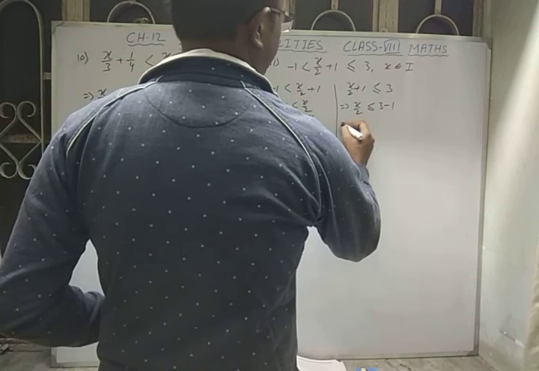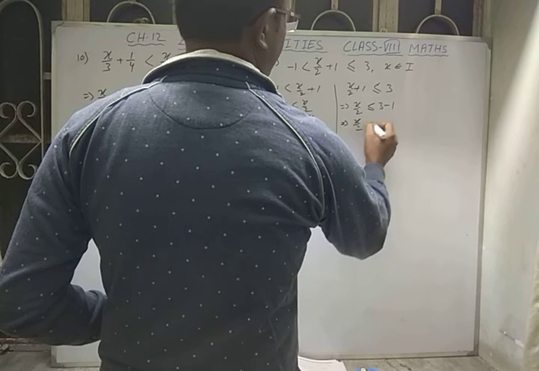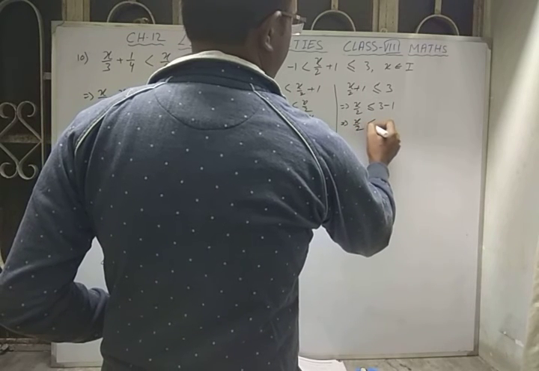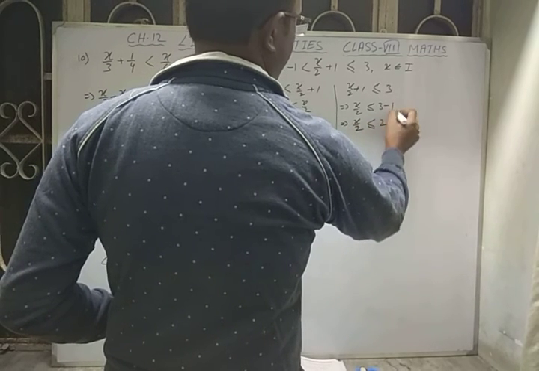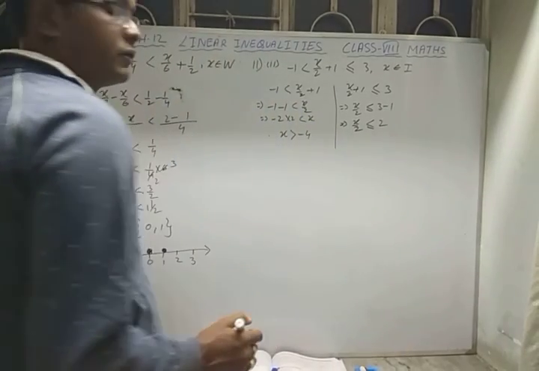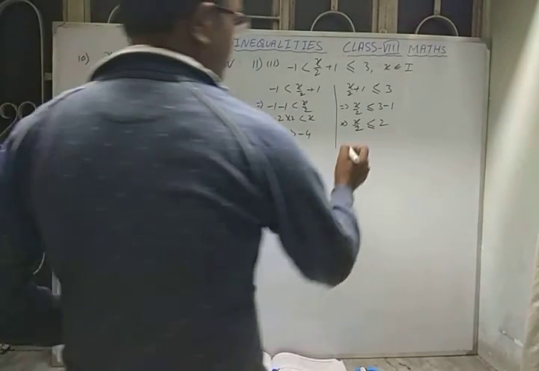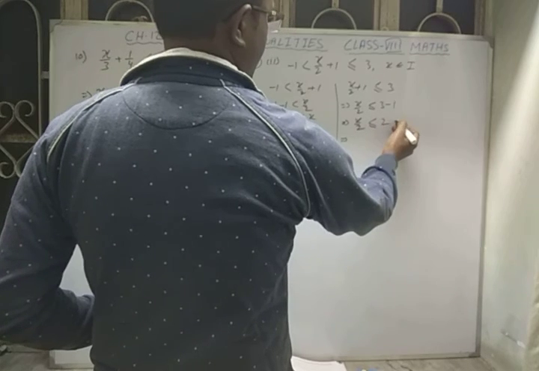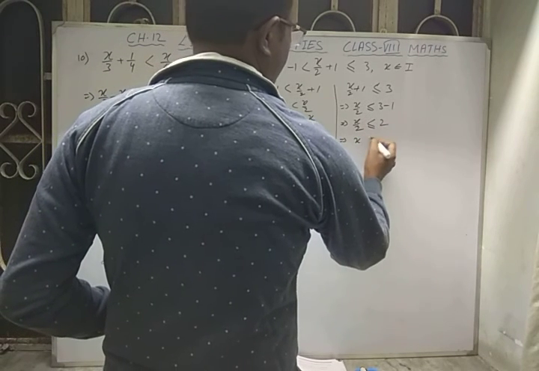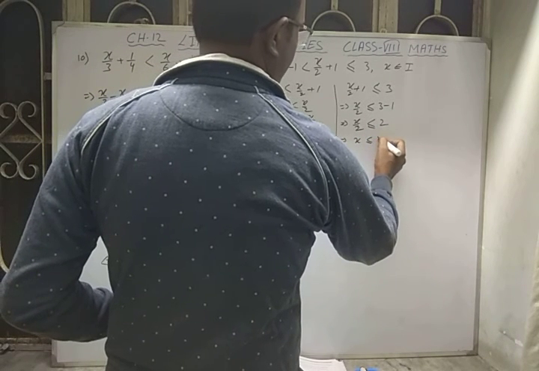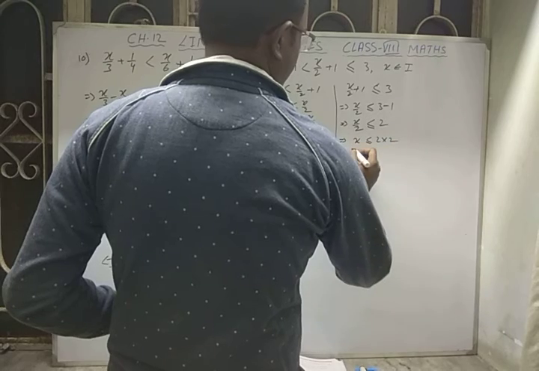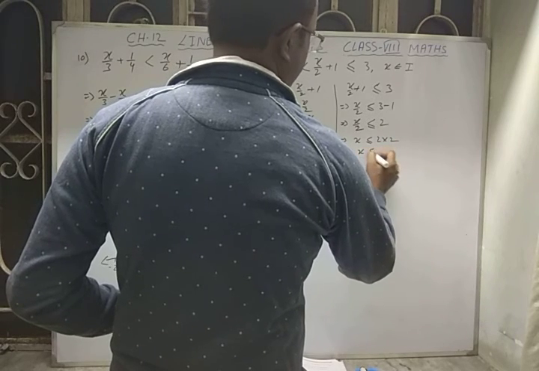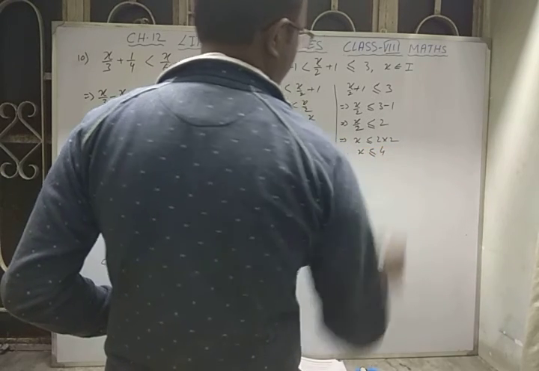After that, x by 2 is less than or equal to 3 minus 1 is 2. So now take this 2 to the right hand side. It is in division. When you go to the right hand side, it will become multiplied. So x is less than or equal to 2 into 2. So therefore x is less than or equal to 4.